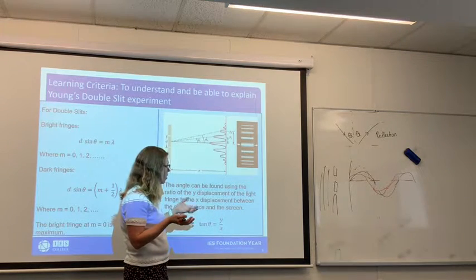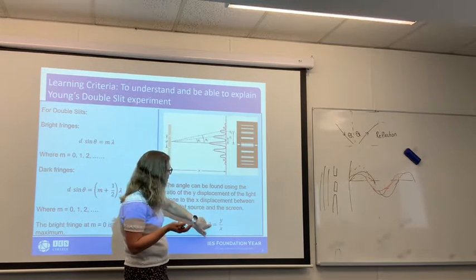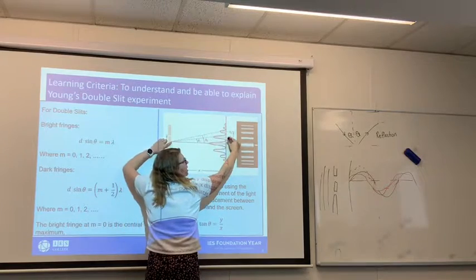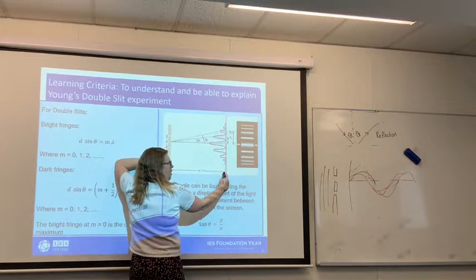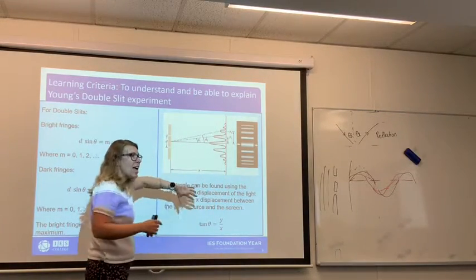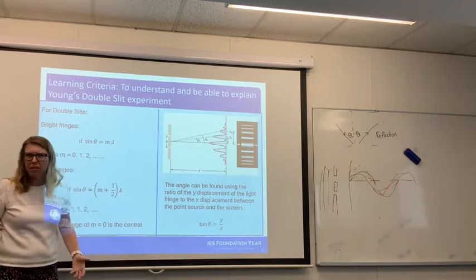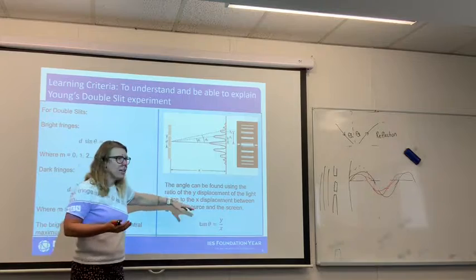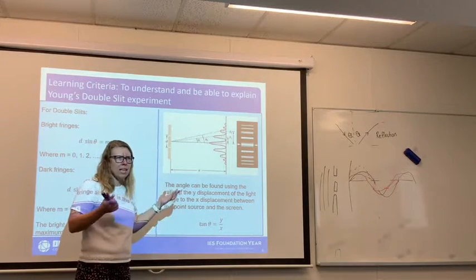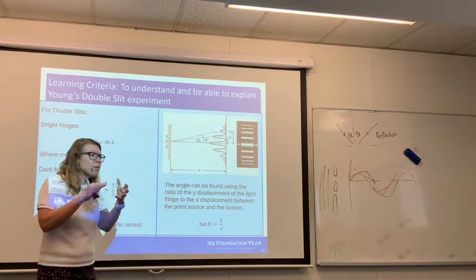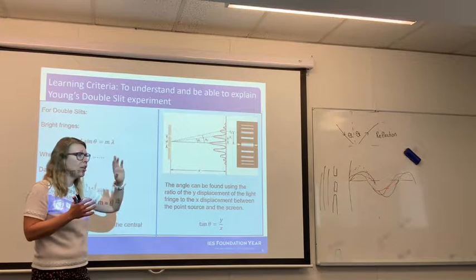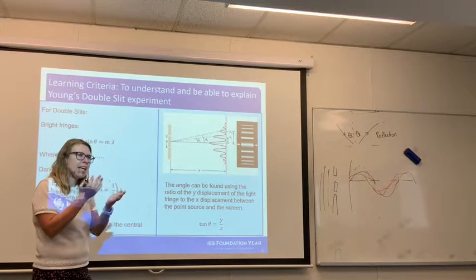Makes sense. We can find out the angle between them by looking at the ratio between the distance between these and the screen value. And this all comes into the idea, this seems very like, well, why do I need to know this? It is a bit like, well, how does this even come to play? Well, the reason so much that we know, like different gases, who does chemistry?